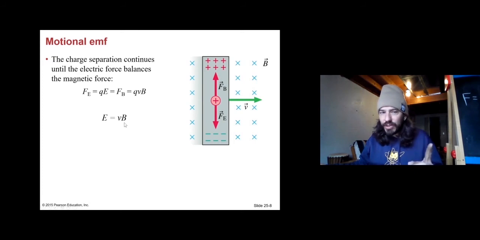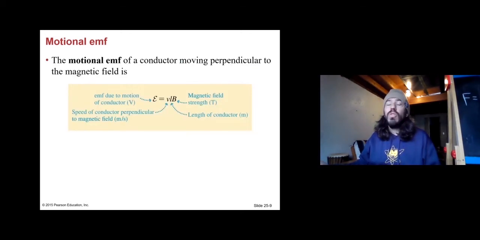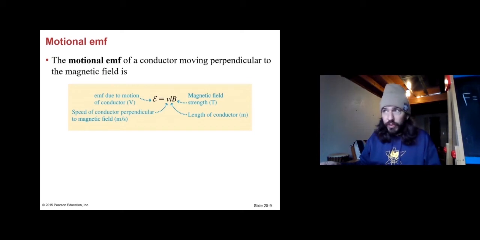This is an interesting result, and one that we'll see actually shows up again when we talk about electromagnetic radiation. It'll show up in a slightly different form, though. So now we have an equation for motional EMF. Motional EMF is equal to velocity times length times the magnetic field.